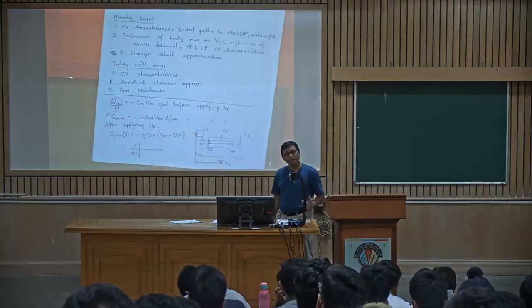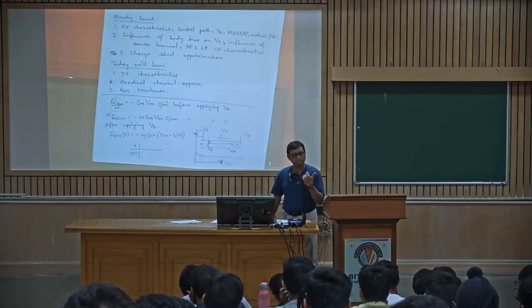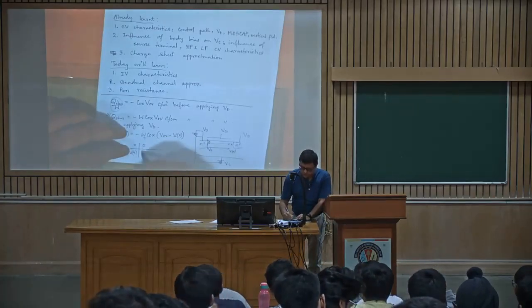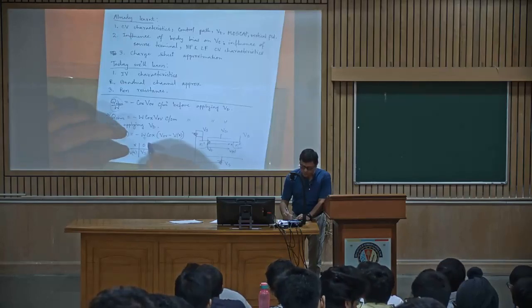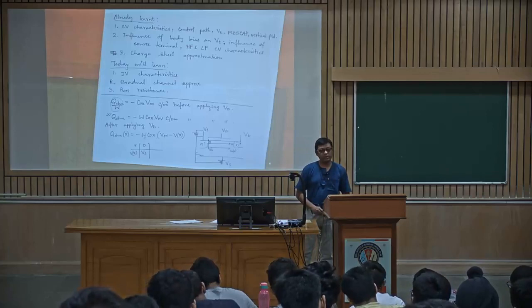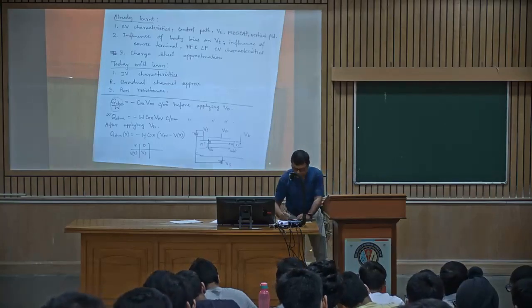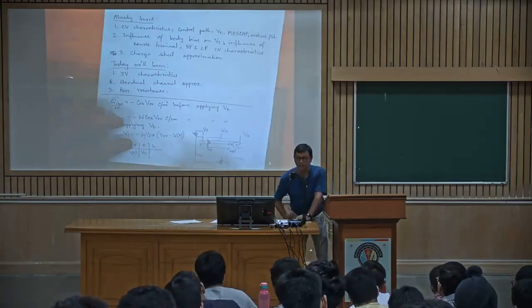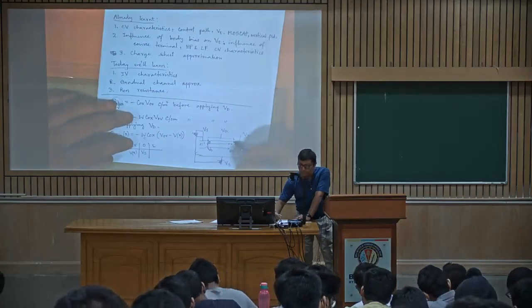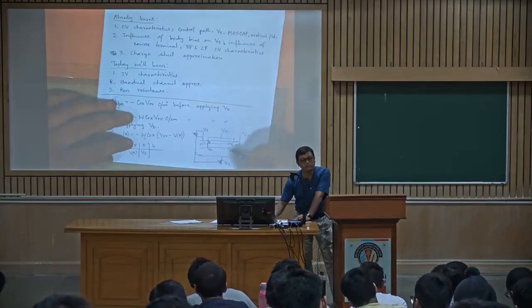Now source may or may not be grounded. As you will see here, when x is equal to 0, instead of putting 0, I will put Vs. It can be any value of Vs. And at x equal to L, that means at this point here, what is the value of Vx? Vd.